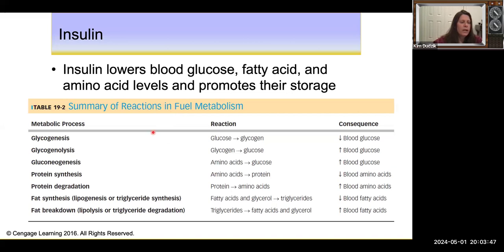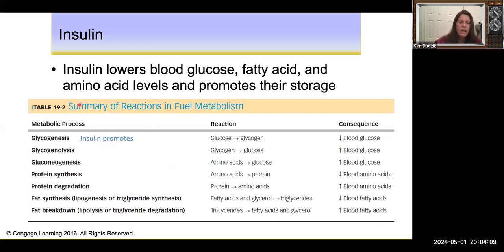Okay, so here's again what happens. Anything that will lower blood glucose levels, either directly or indirectly, is what insulin will cause. It will either stimulate a process or inhibit it. So let me show you here.